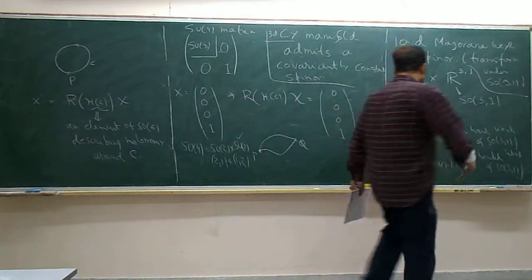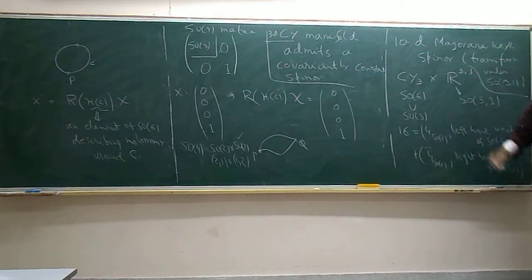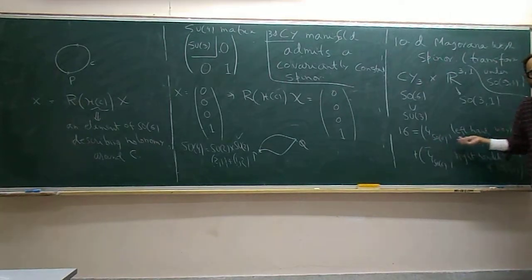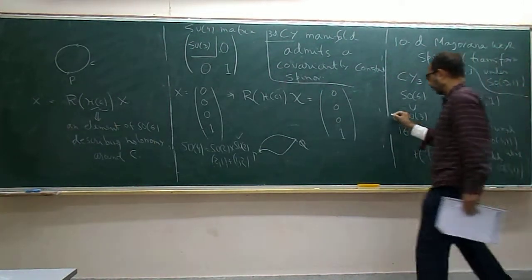Now, if you take 16 bar, which is the other chirality, basically this 4 gets replaced by 4 bar and this 4 bar gets replaced by 4. The correlation gets changed, but that will not really matter for what we are going to discuss.